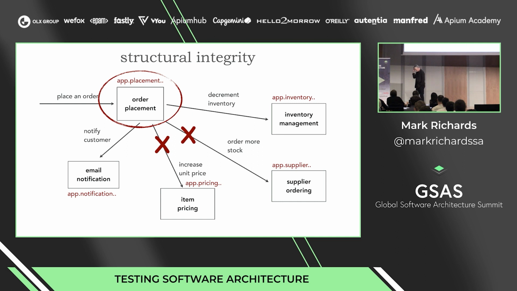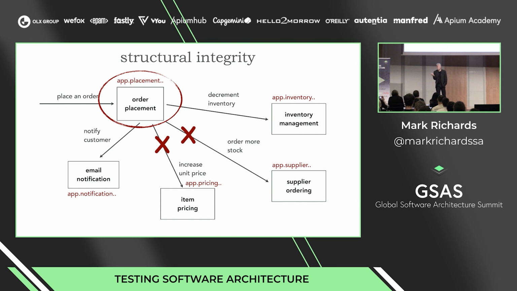So I place an order. Is it my responsibility to decrement the inventory? No. I have to tell inventory management component to do that. Now, if these are bound components, I would make a method call in a different namespace or package structure. Is it my responsibility to notify through email? Nope. That's email notification. If it's a service, I send a RESTful call. Maybe I invoke a method. But there's a couple of other things that happen, because if our inventory goes too low, I have to order more supplies.